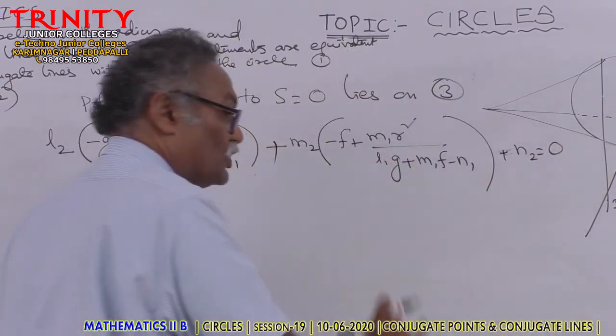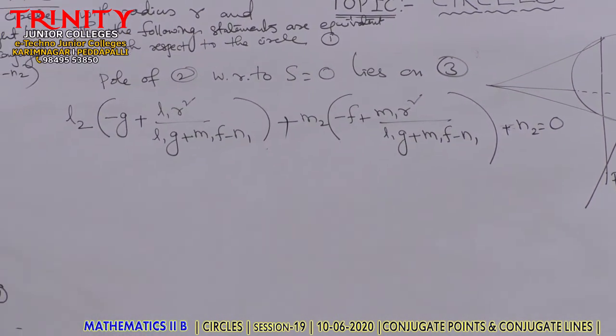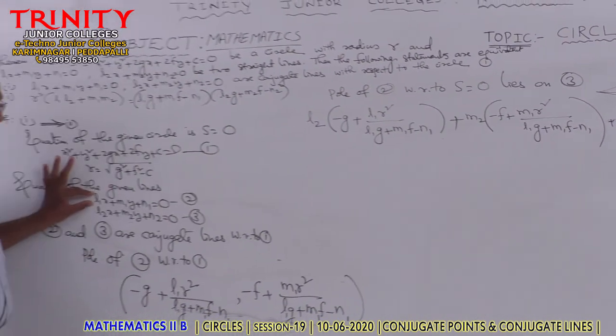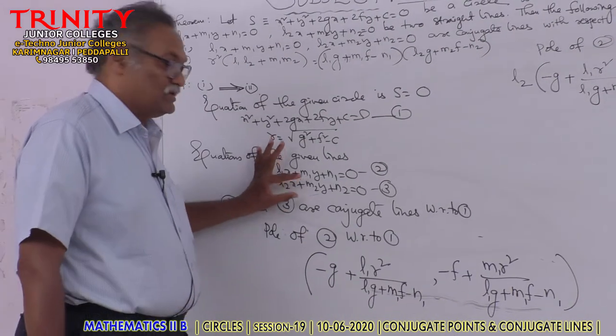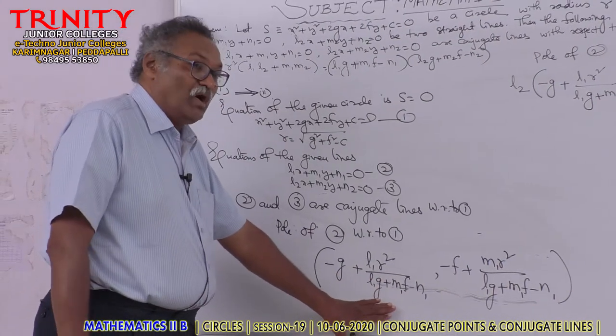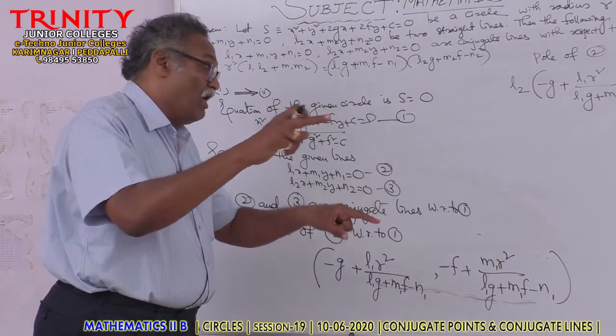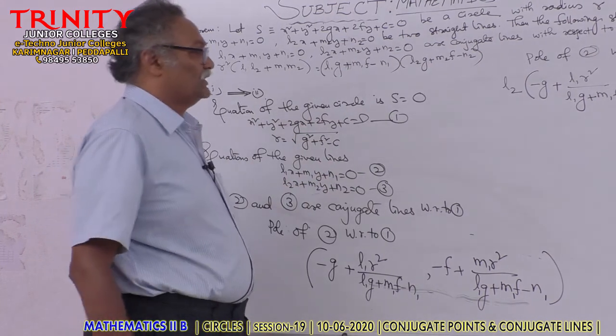I am repeating the concept. The pole of the second line lies on 3. It is the pole of 2, and it lies on 3. Right.